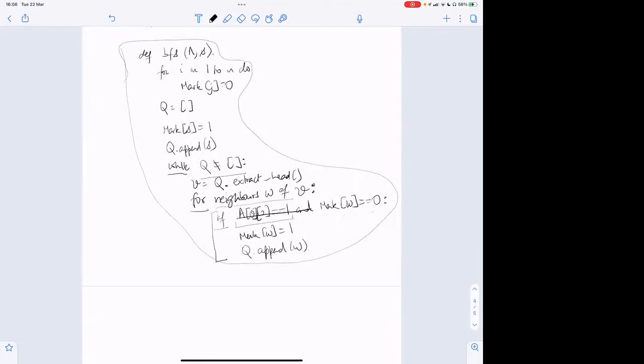So the time for the inner loop is roughly order of dv, where dv is the degree of V.